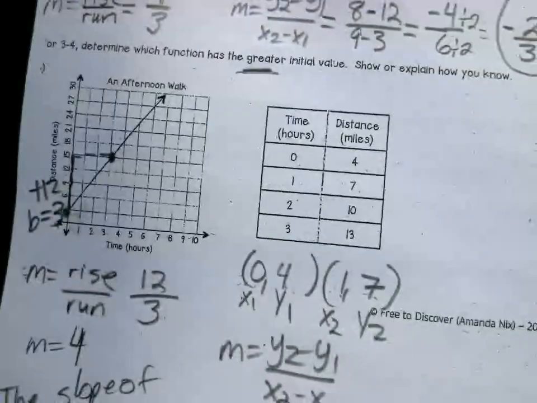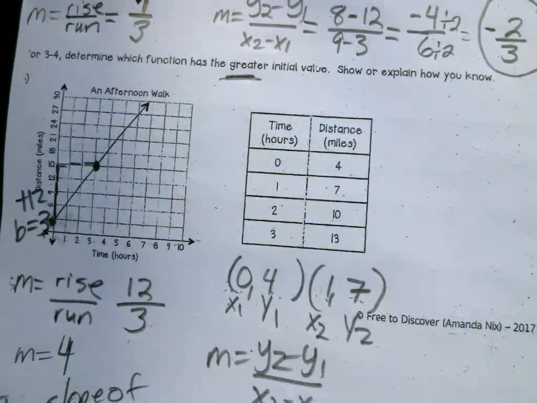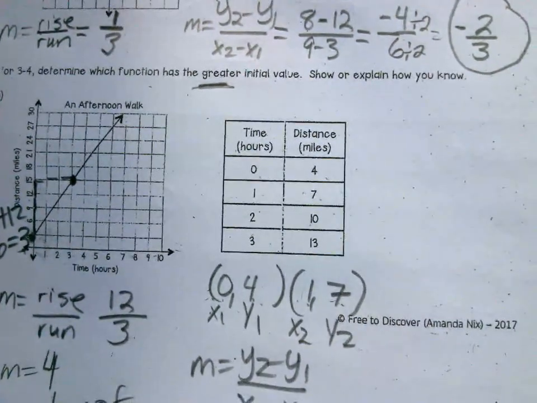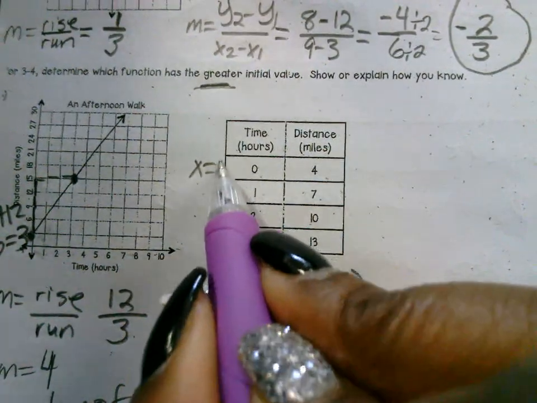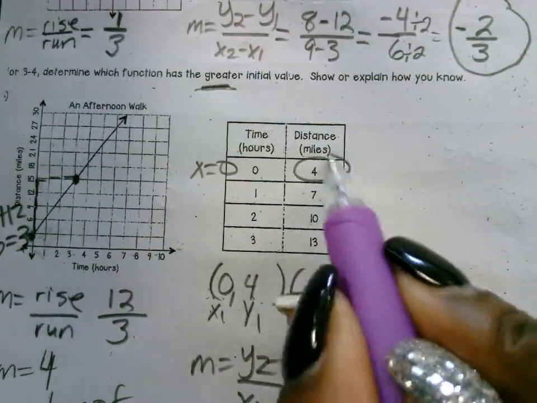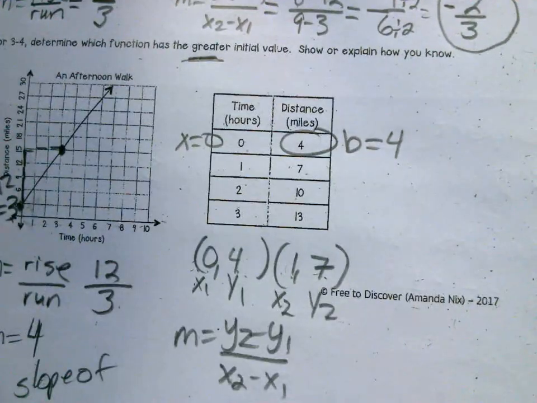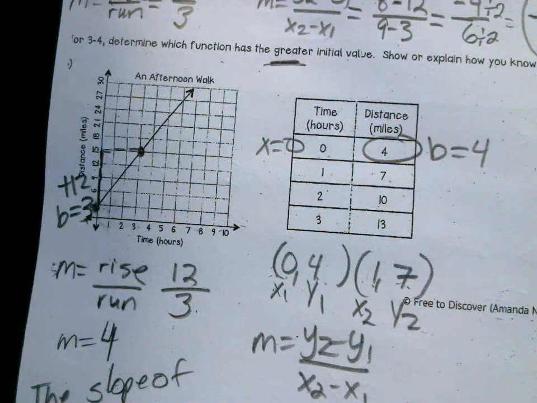Let's look at the table. What's the y-intercept? What's the starting distance on the table? 4. Wherever x is equal to 0, the y value is your b. So b here is 4. Which one has the greater starting amount?